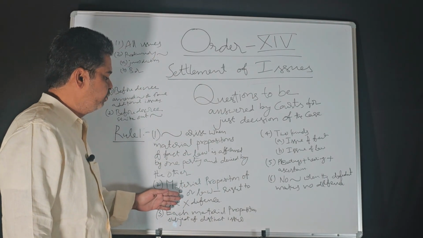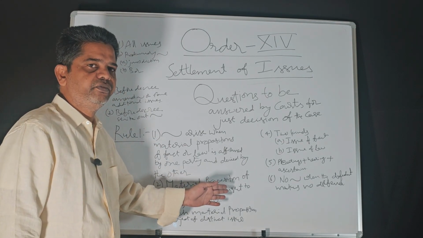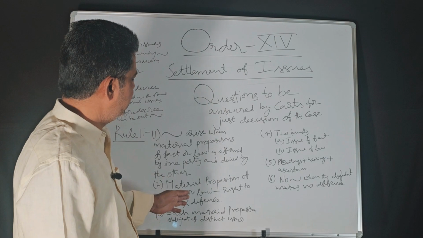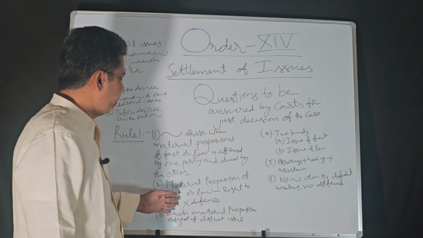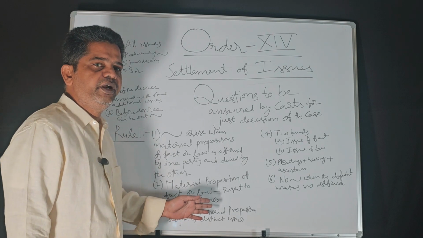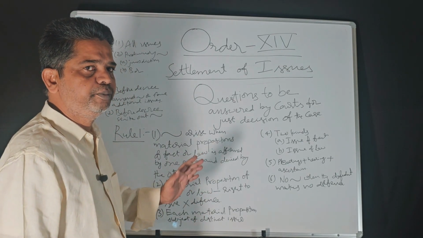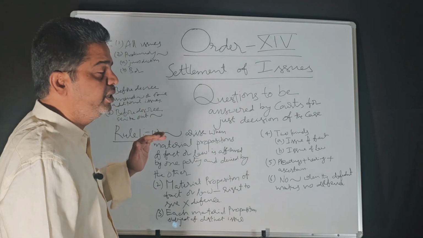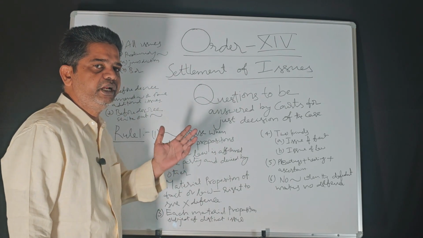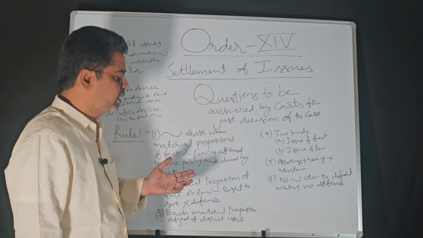Material proposition of a fact or law is a thing which gives the right to the plaintiff to sue, and material proposition of fact or law is a thing which gives a right to the defendant to constitute his defense. That is called material propositions. And for framing of issues, it is very necessary that the material proposition should be affirmed by one party and denied by the other party.